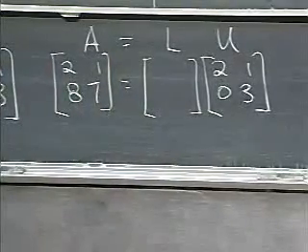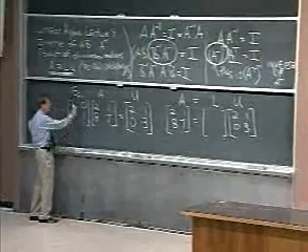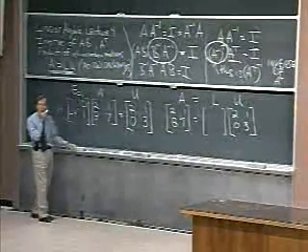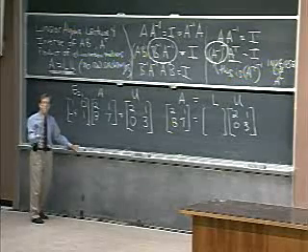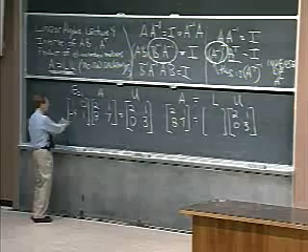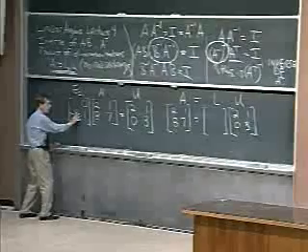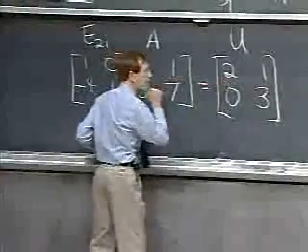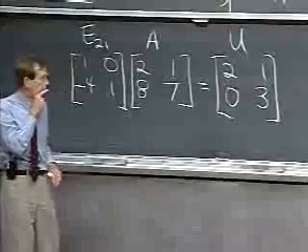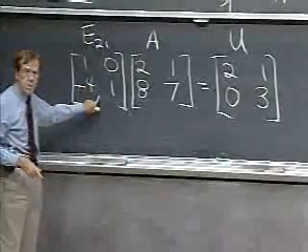Well, first, how is L related to this E? It's the inverse, because I want to multiply through by the inverse of this, which will put the identity here, and the inverse will show up there, and I'll call it L. So what is the inverse of this?